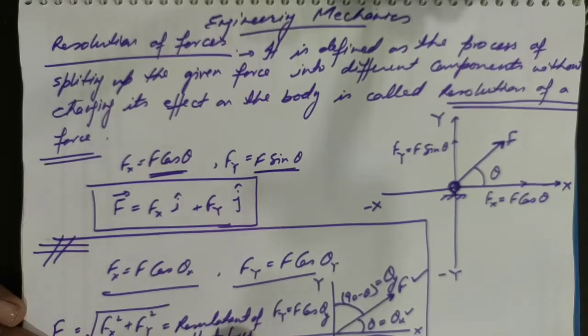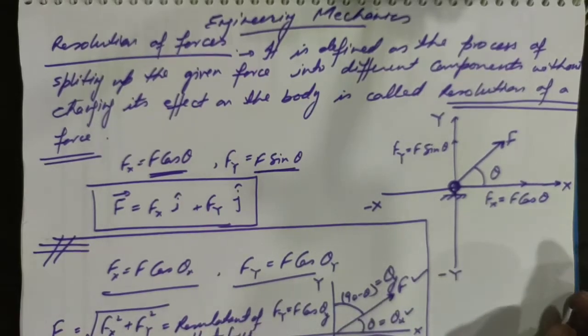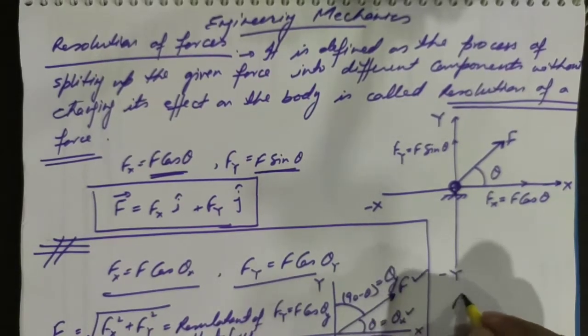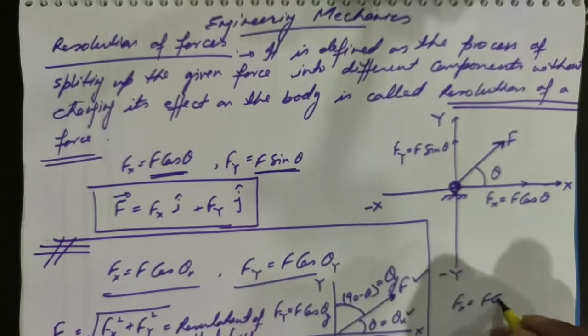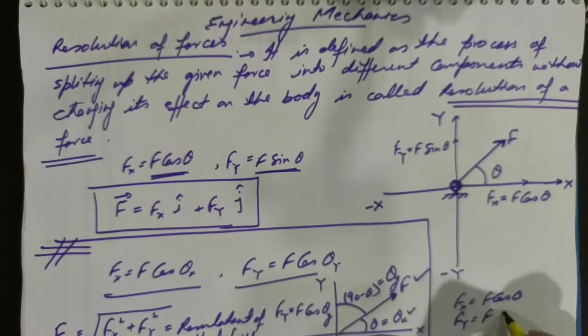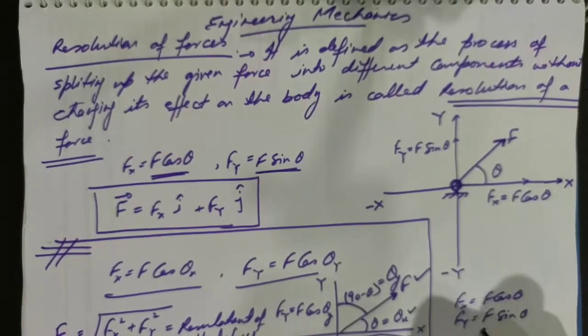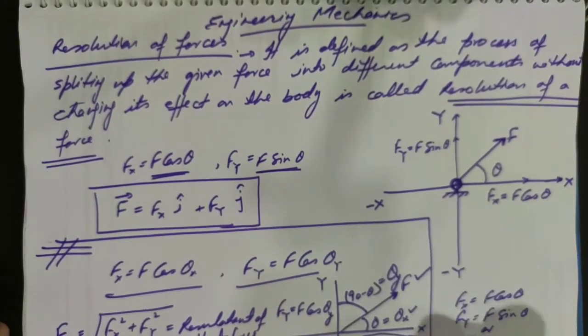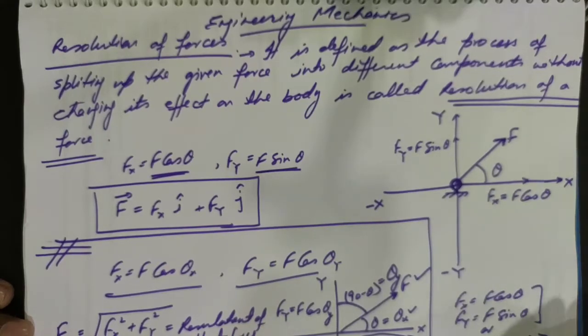Why are we taking tan theta? We have both the perpendicular and the base values. So whether we write Fx is equal to F cos theta and Fy is equal to F sin theta, or Fx is equal to F cos theta x and Fy is equal to F cos theta y, both are the same, there is no difference between them.